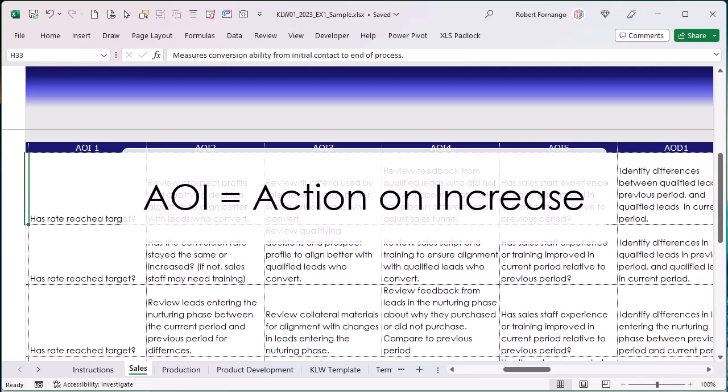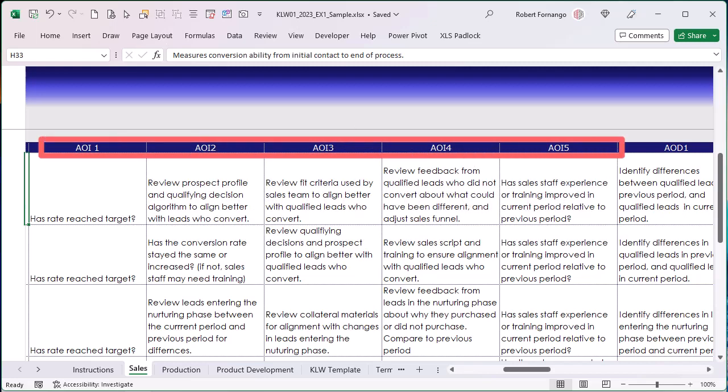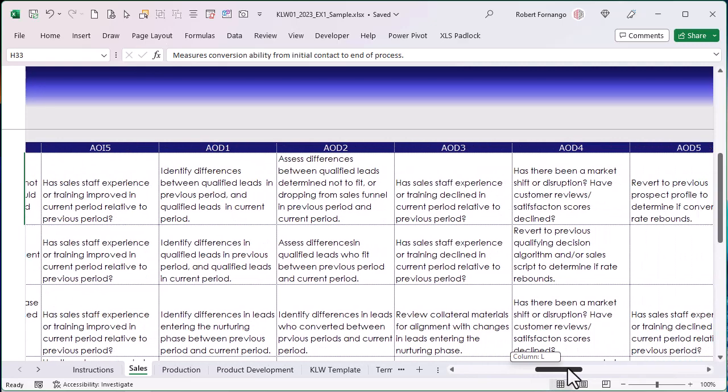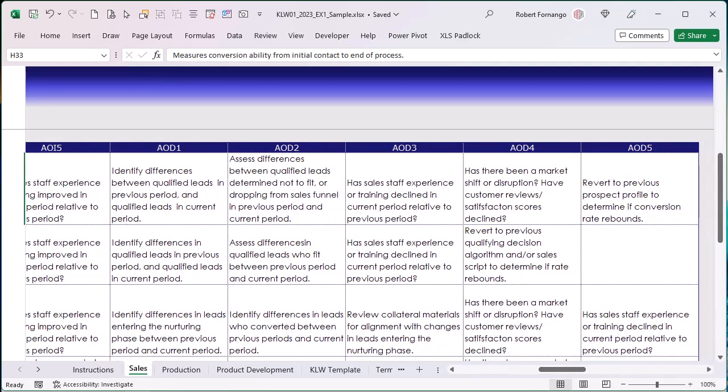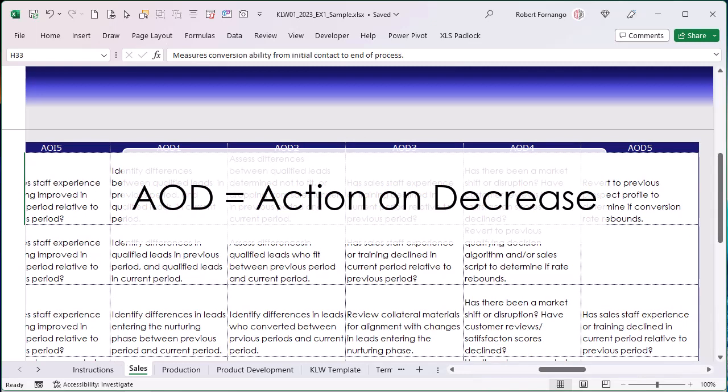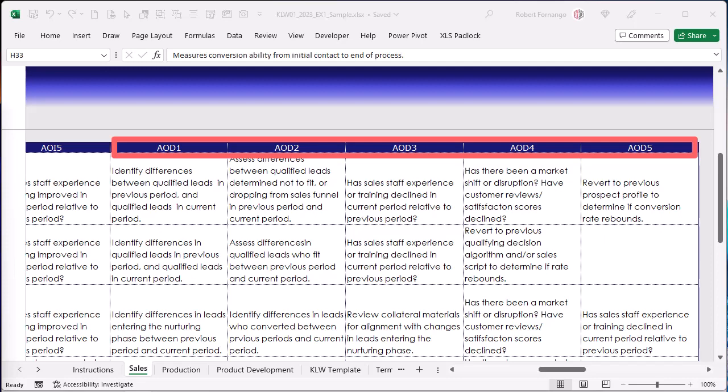So AOI 1 through AOI 5 represent spaces for up to 5 specific actions to take if the KPI increases. Similarly, we have 5 more metrics labeled AOD, which stands for Action on Decrease. So AOD 1 through AOD 5 represent spaces for up to 5 specific actions to take if our KPI decreases.